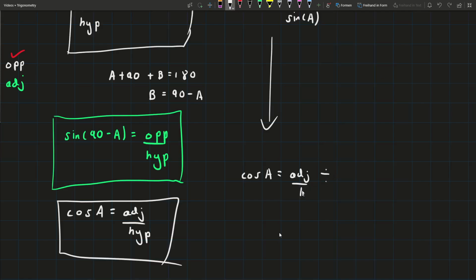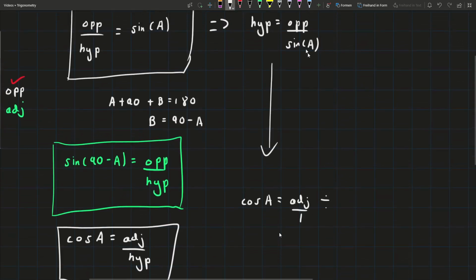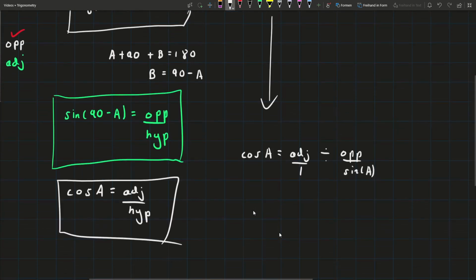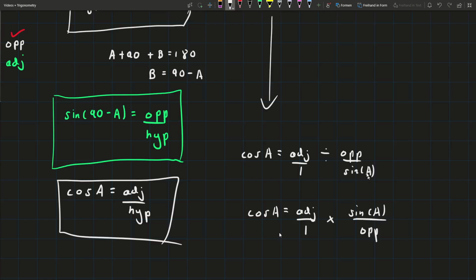So I'm going to say adjacent over 1 divided by the hypotenuse, which is opposite over sine A. Okay, now what I can do is say that cos A equals, and then dividing by that is the same as multiplying by the fraction reversed upside down, sine A over opposite.